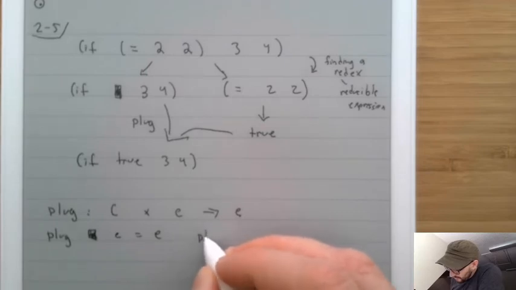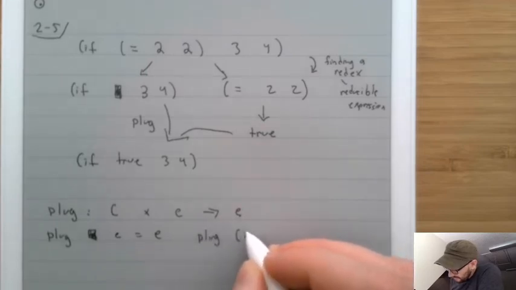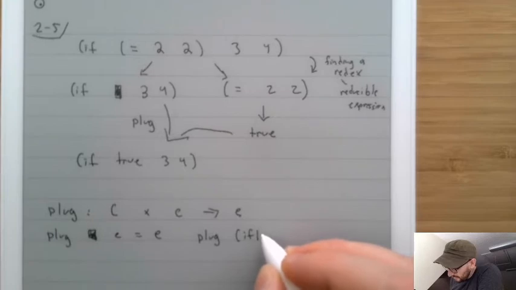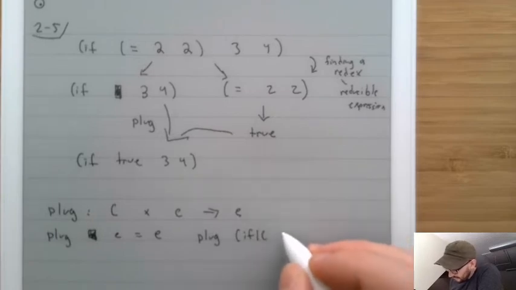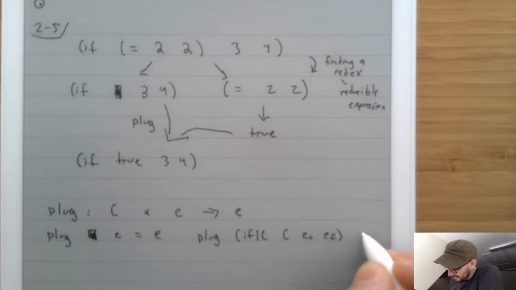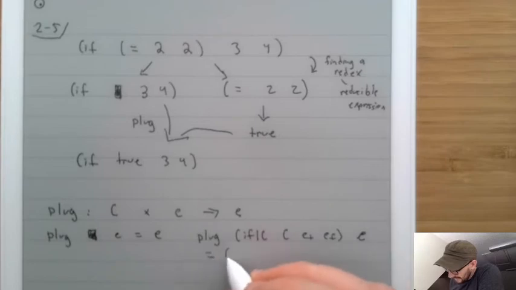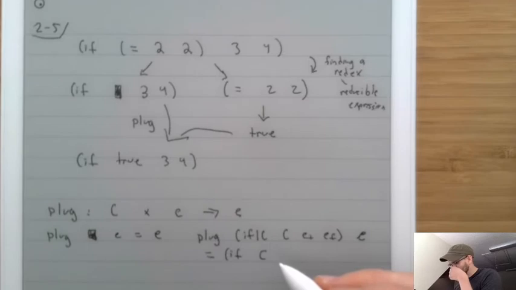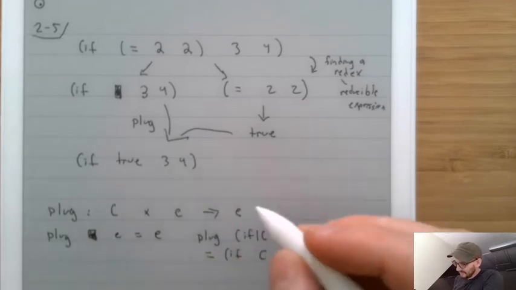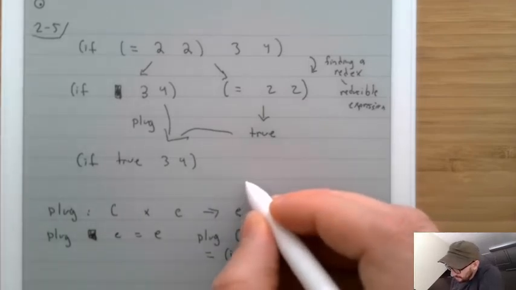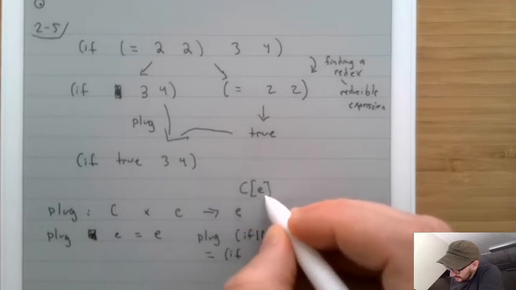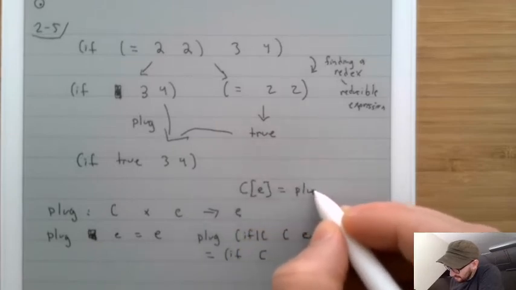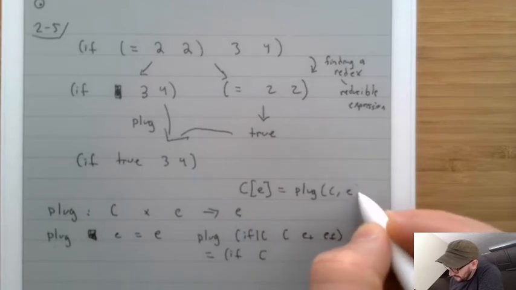When you call plug on an if1 C with a C, an ET, and an EF, and some expression, then you get back an if where you plug into that context. By the way, sometimes we write plug in the following way. We write C[E], which means the same thing as plug C E. Okay?